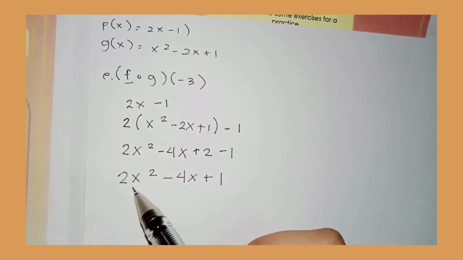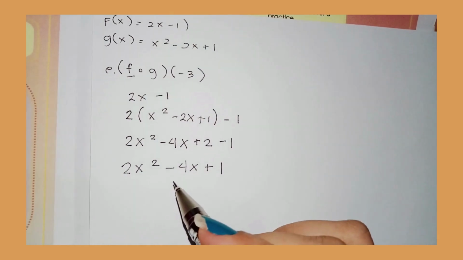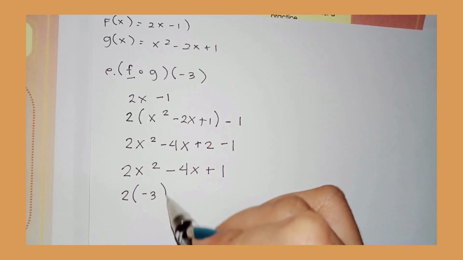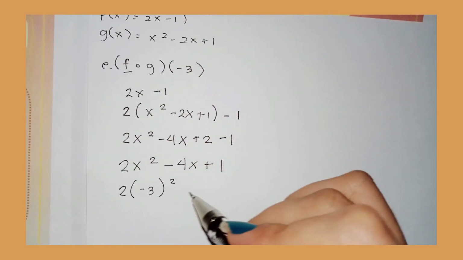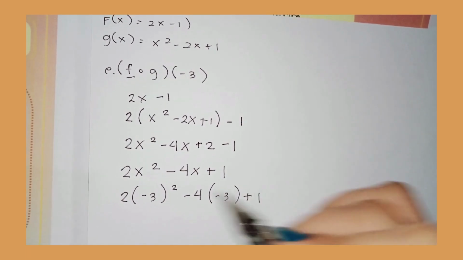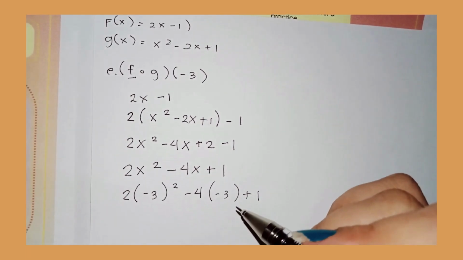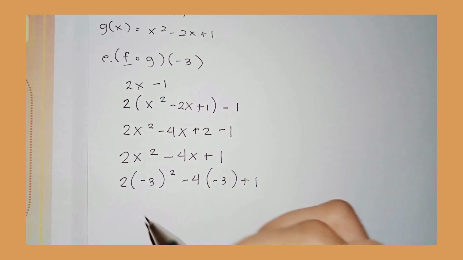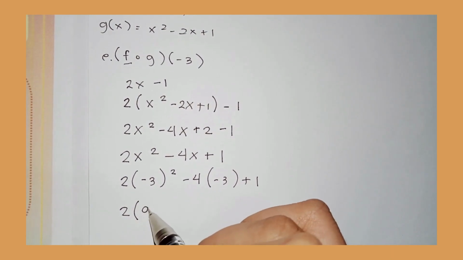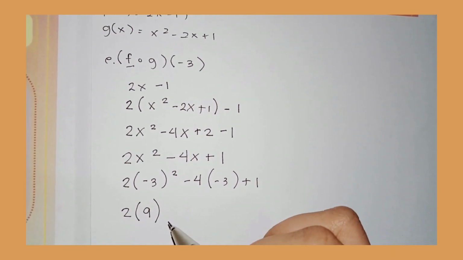Ngayon, meron pa tayong given dito, which is negative 3. Lahat ng x na nandito, papalitan natin ng negative 3. So, this is 2, negative 3 squared minus 4, negative 3 plus 1. Yung x, pinalitan ko lang ng negative 3. Simplify natin. Copy 2. Negative 3 squared is positive 9. 3 times 3 is 9.